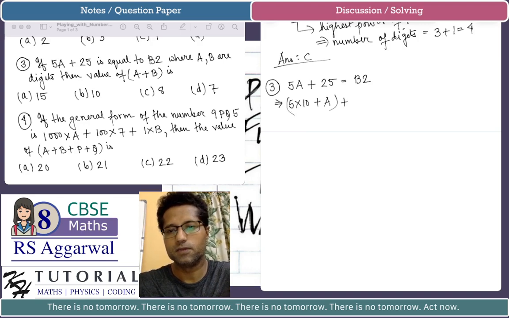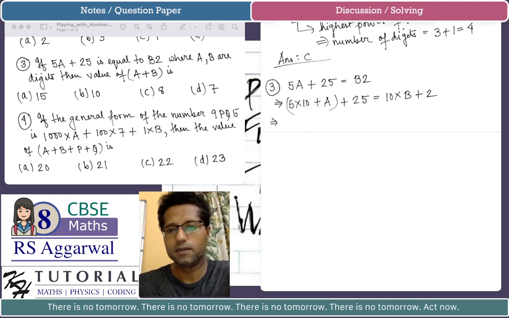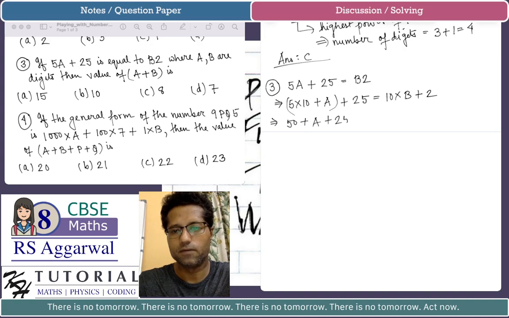And we have plus 25. And on the right hand side, the number B2, which is in usual form, its general form will be 10 multiplied by B plus 2. If we simplify further, we get 50 plus A plus 25 is equal to 10B.